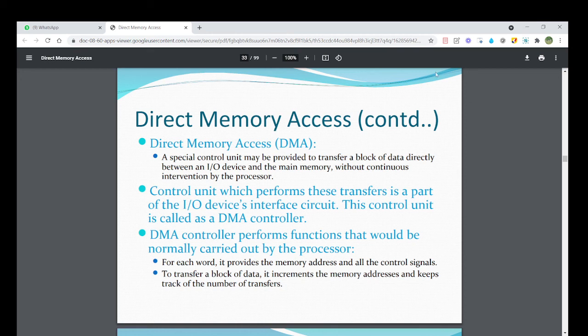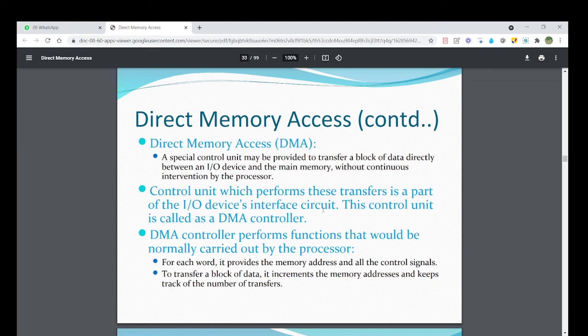The control unit which performs these transfers is a part of the IO device's interface circuit. So whatever control unit is used for this data transfer is a part of the input output interface circuit. This control unit is called the DMA controller.